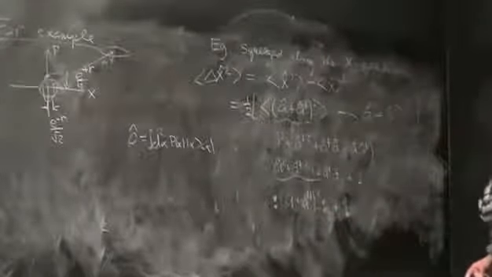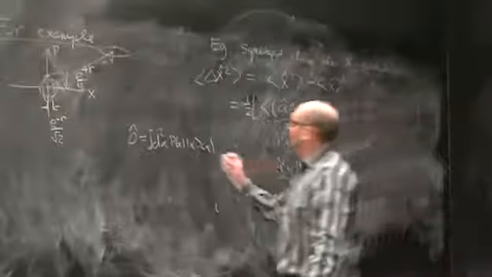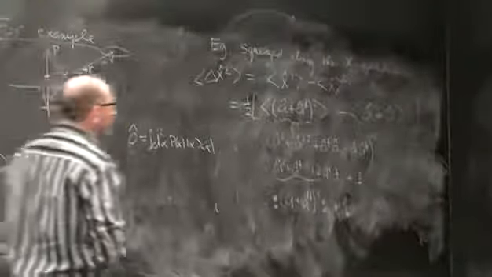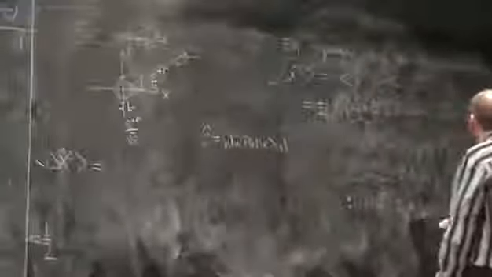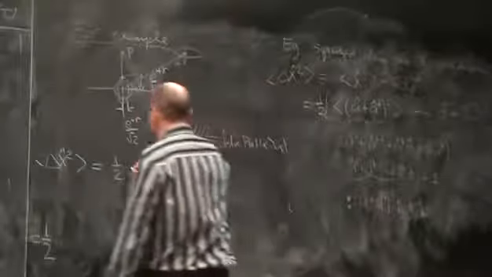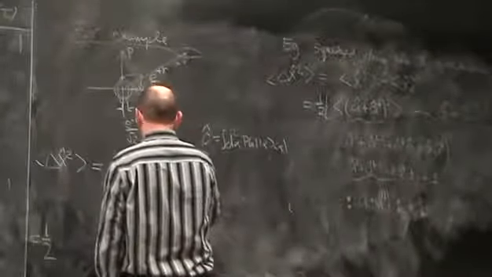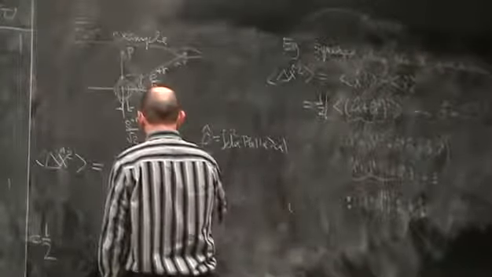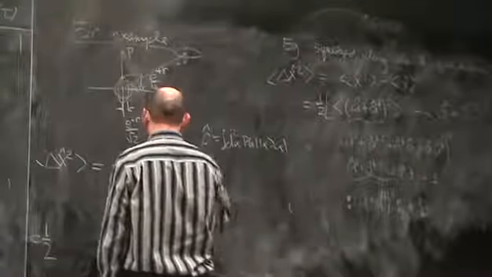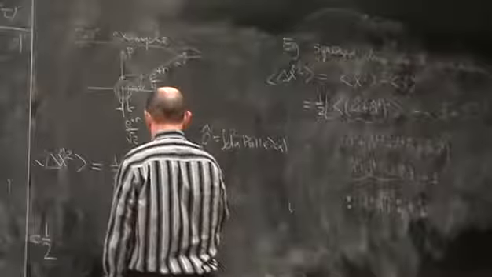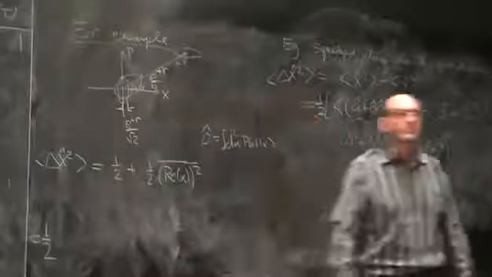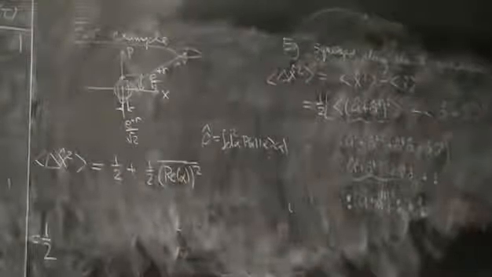Okay, so with that said, what we find is that delta x squared is equal to 1/2 plus 1/2 times the fluctuation in the real part of alpha squared.